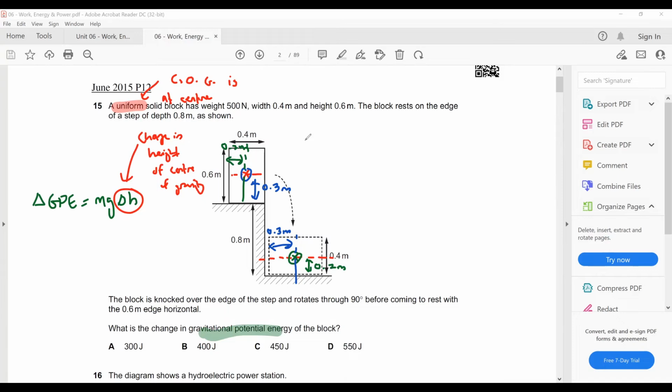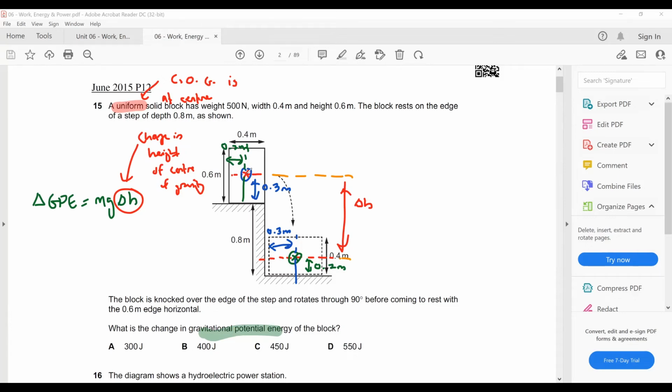Okay, what I want as my change in height is this one. Let me use a proper color for you. This is my change in height.